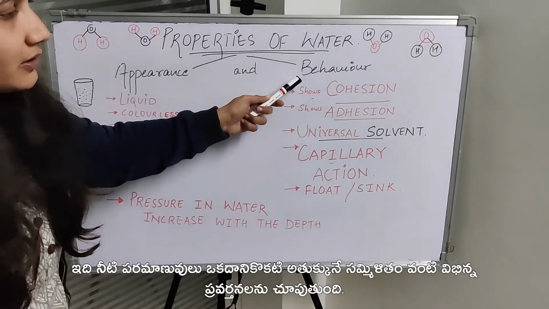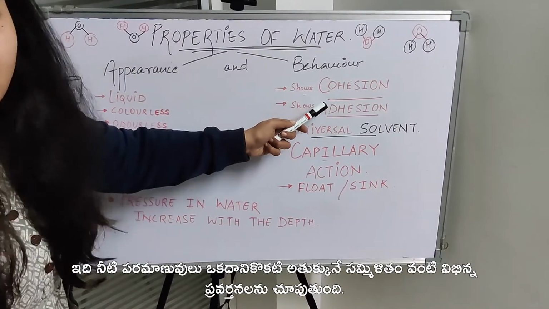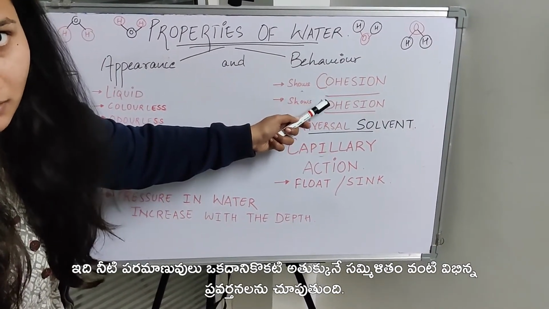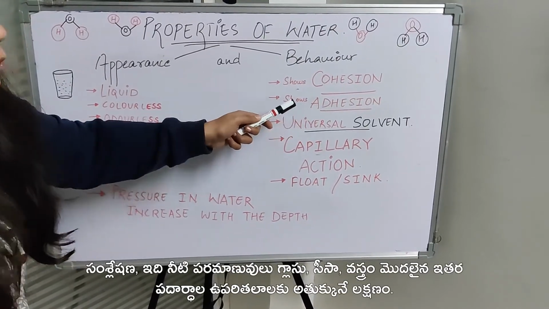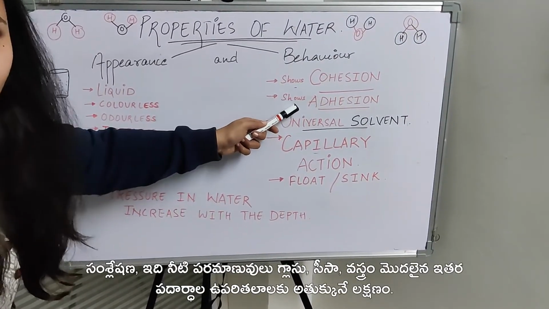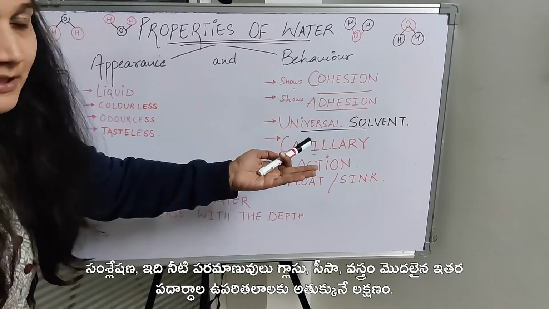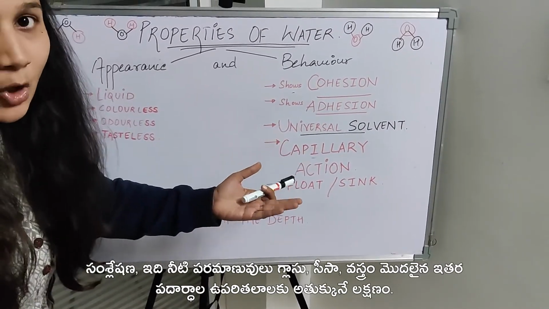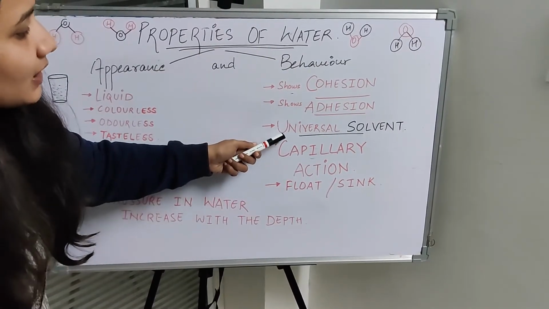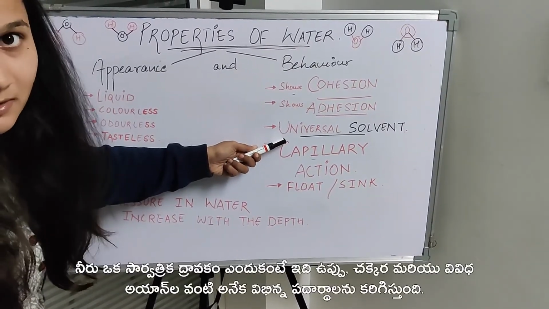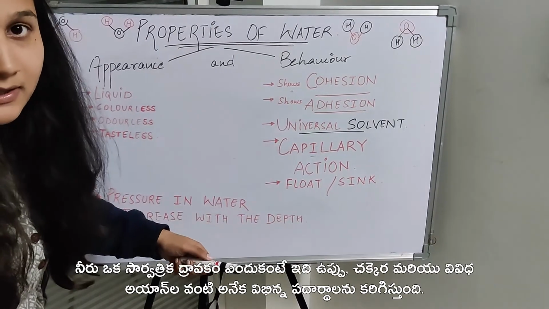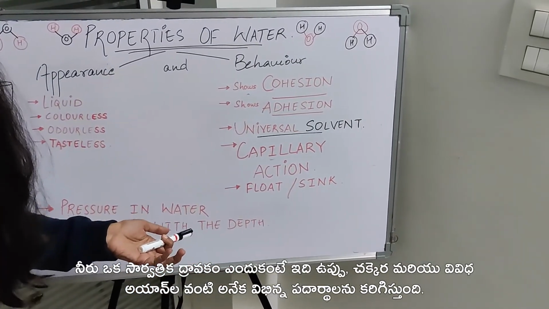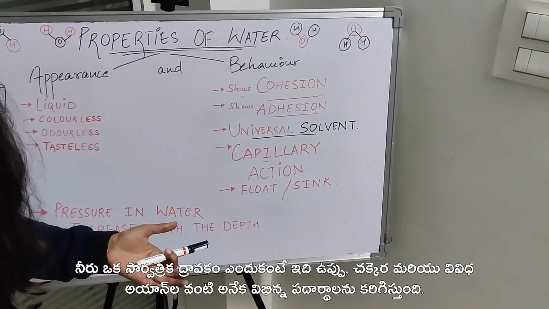It shows different behaviors like cohesion, where water molecules stick to each other, and adhesion, where water molecules stick to the surfaces of other substances like glass, bottle, cloth, etc. Water is a universal solvent because it dissolves many different substances like salt, sugar and different ions.